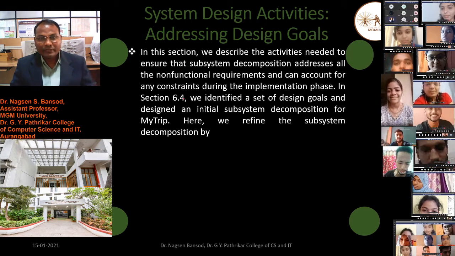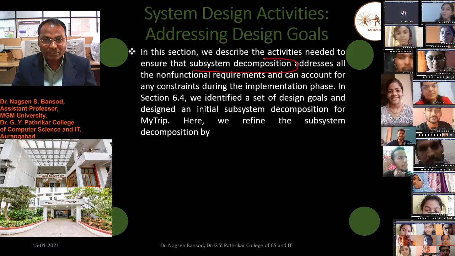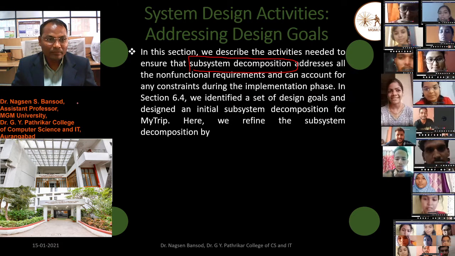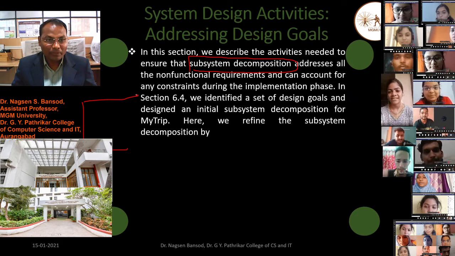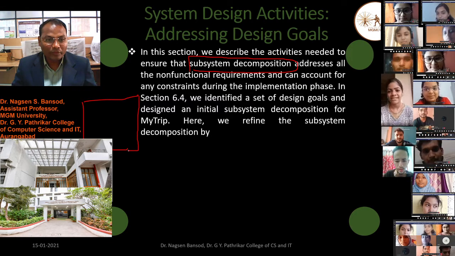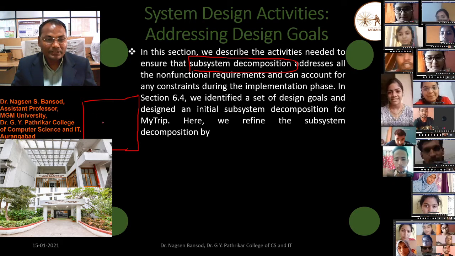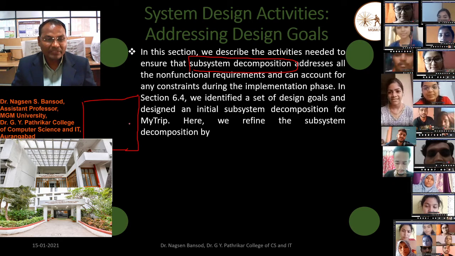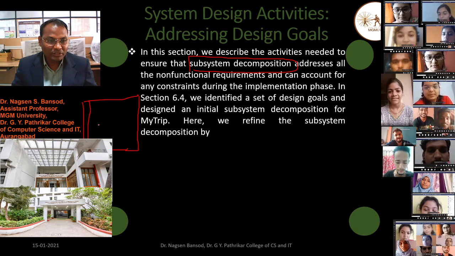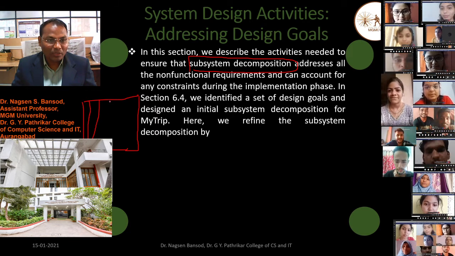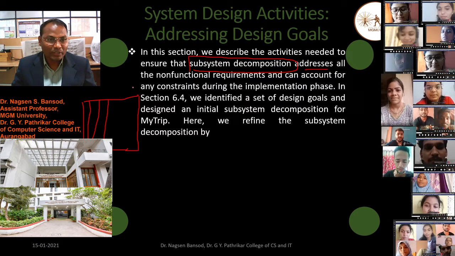In this section, we describe the activities needed to ensure the subsystem decomposition to make the system. Suppose there is a very big system, a very big software requirement we got. Now we want to design this big system, and it is difficult to design such a big system, so we have to make its decomposition, meaning the smallest parts according to their subsystem address.